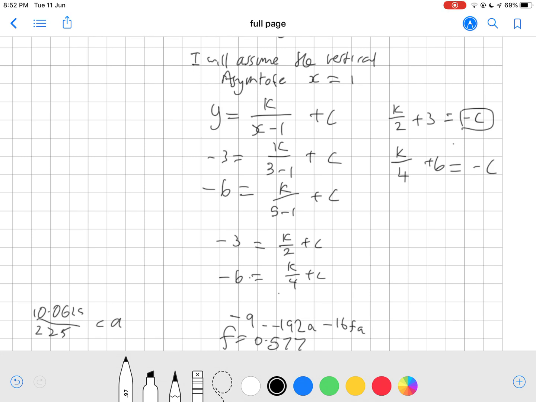Because they're both equal to negative c here, we'll say that k divided by 2 plus 3 equals k divided by 4 plus 6.